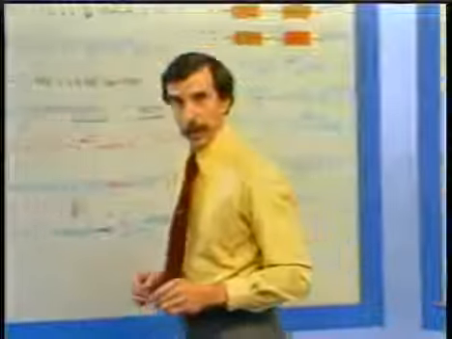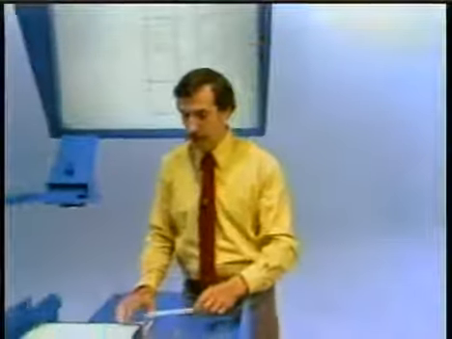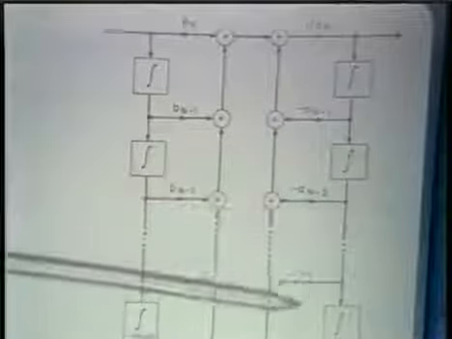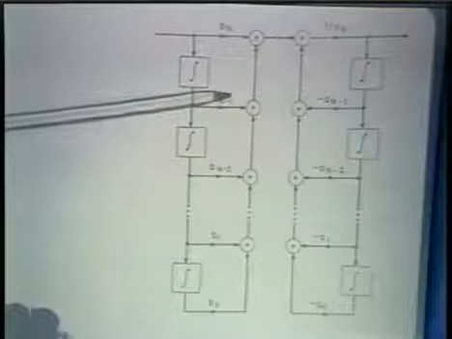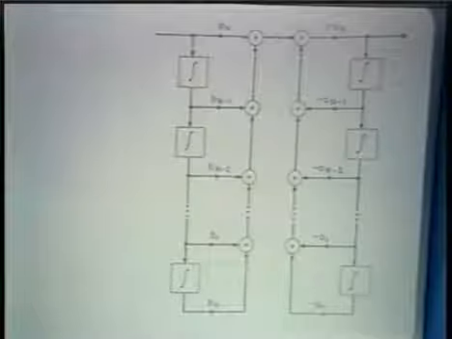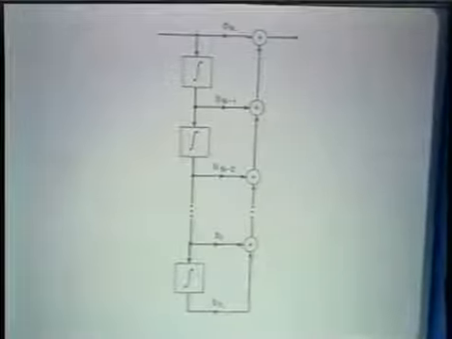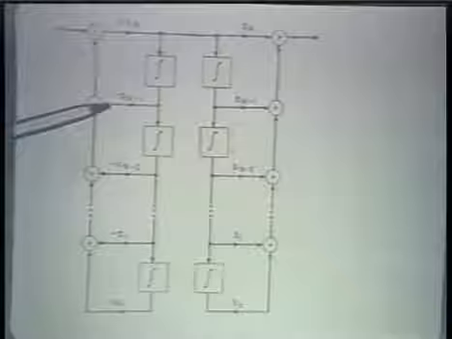Now let's look at this somewhat more generally, again with the integral equation or the differential equation. If we take the general differential equation and integrate it a sufficient number of times to convert it to an integral equation, we would then have this cascade of systems. And again, if we assume initial rest, so that these are both linear time invariant systems, we can interchange the order in which they're cascaded, namely take the second system and move it to precede the first system.